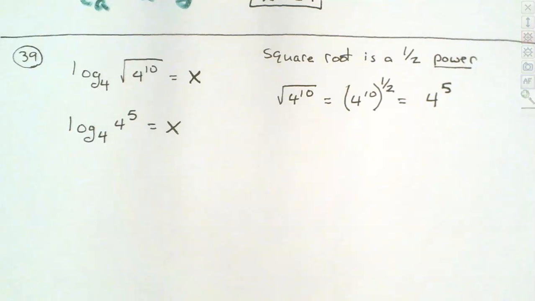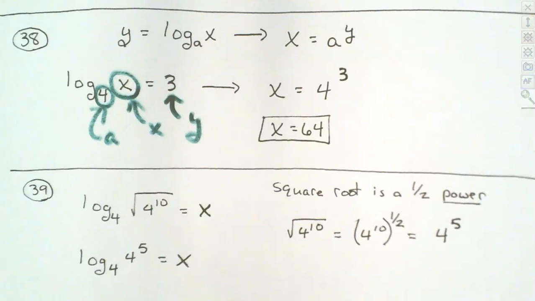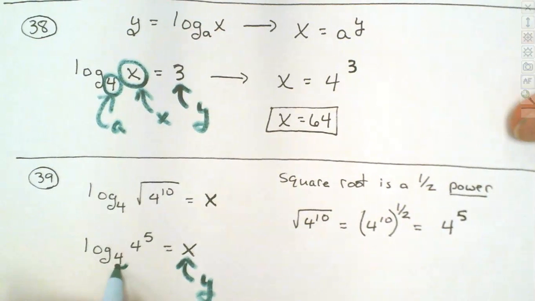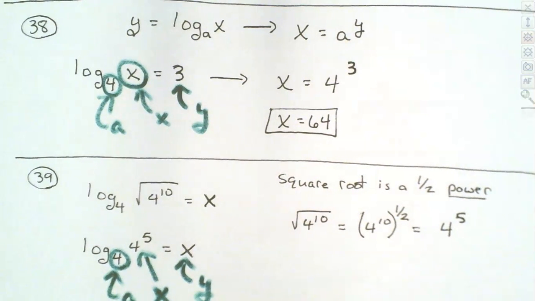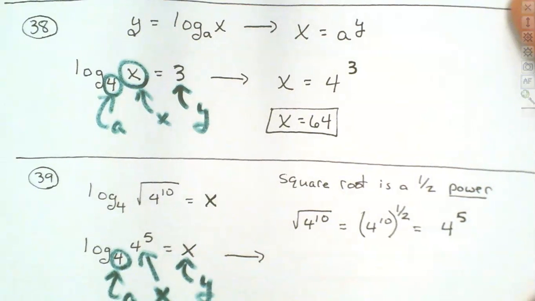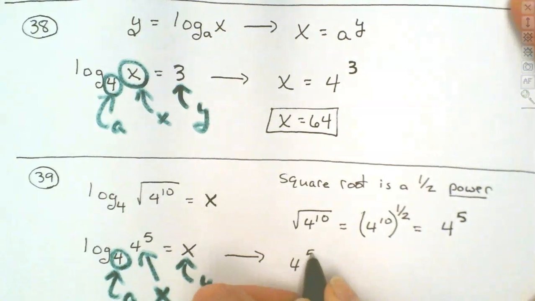So what do we know? Let's go back up and look at our formula again if we need to. I always like to look at it so I don't make a mistake. So this x is going to be the y because it's on the end. That 4 is the a. And that x is going to be 4 to the 5th. Now we should be able to convert it to a logarithm and solve it. So when I convert this, look at your formula. We need x, and what is x? Well, x is 4 to the 5th power.